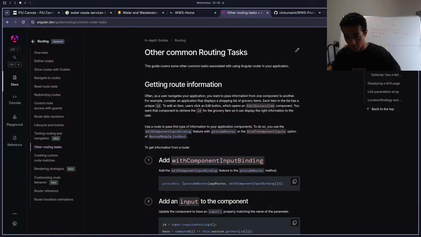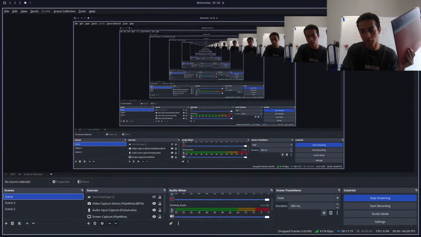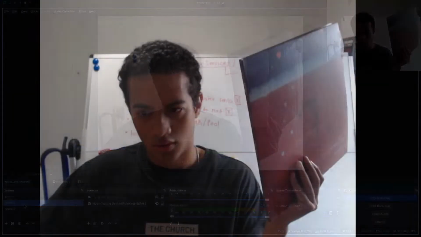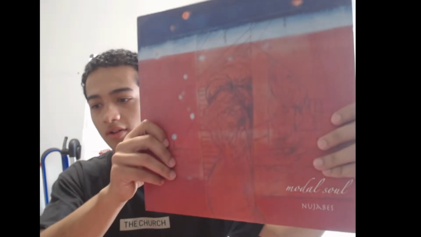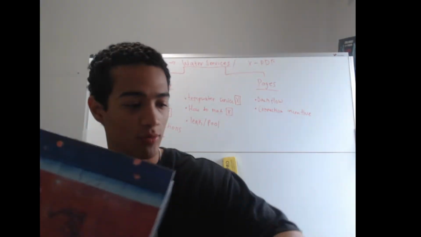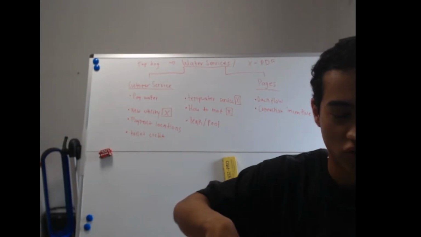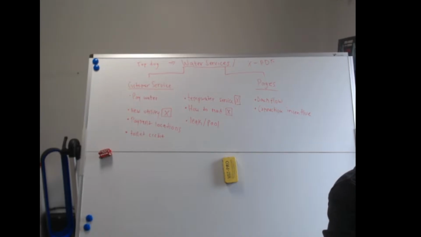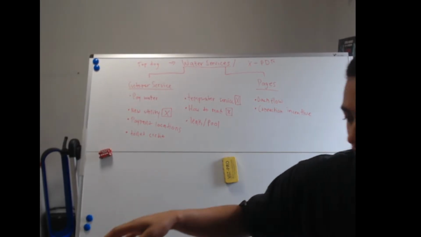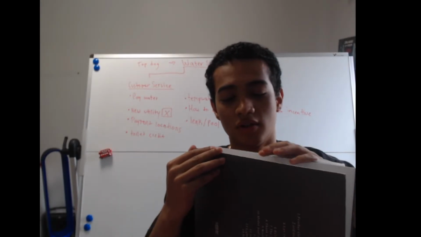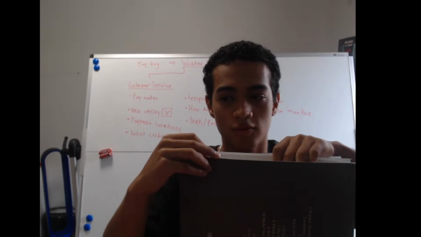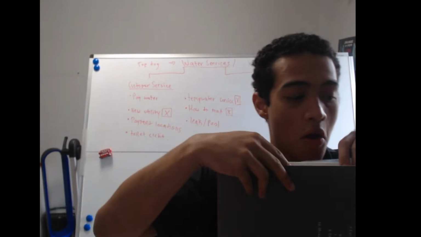So I'm just gonna grab this. We're gonna be playing another record on this one. Model sold by Nujabase. Nujabase, I don't know. Everybody says something different, right? Everybody's always got something different to say about this man's name. So we're just gonna get this open right here, put this in here.